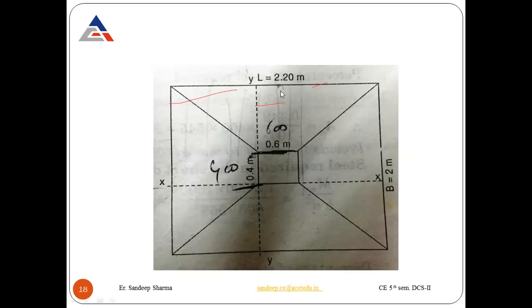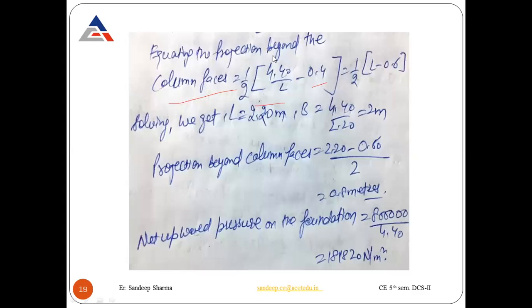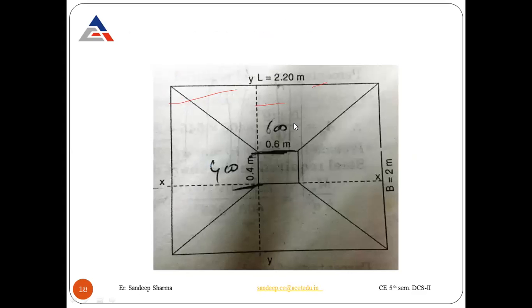This is the size of the column we have. Now we are creating the projection beyond the column face, which is half of the difference: B minus 0.4 and L minus 0.6, from both sides.